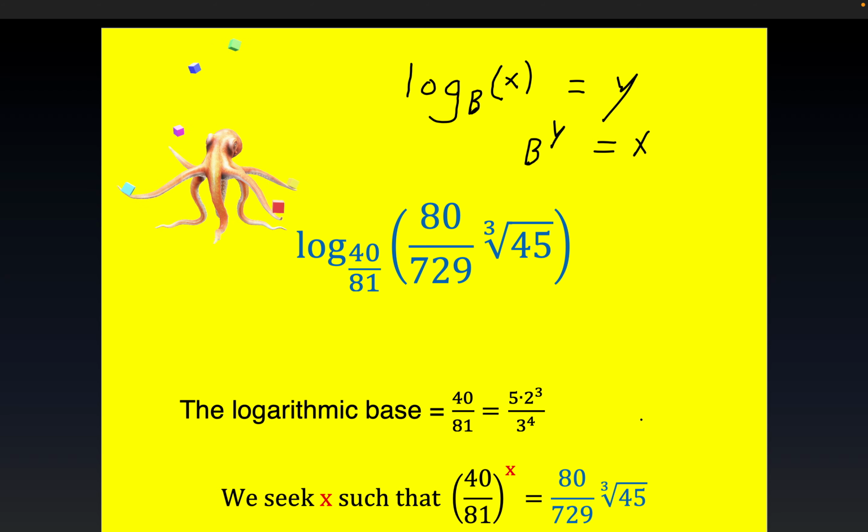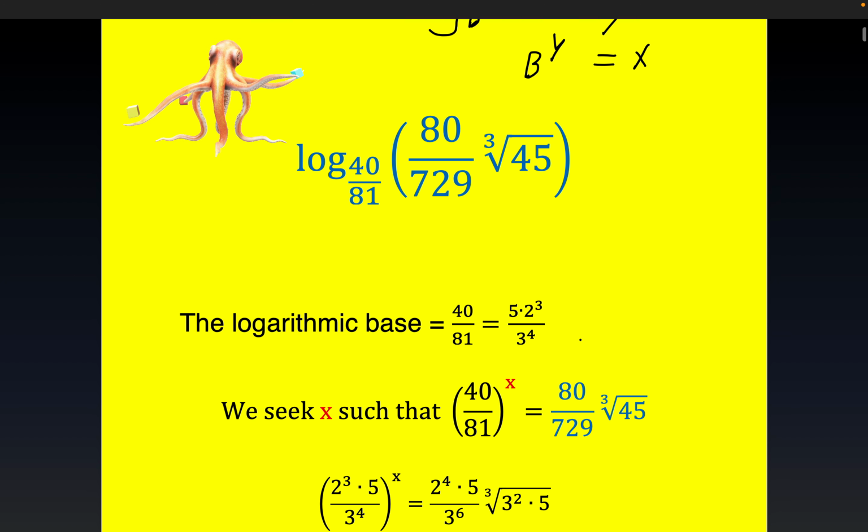Again, it's very easy to dive into those properties of logarithms. It says the log of a product is the sum of the logs, or the log of a quotient is the difference of the logs. That would be the wrong way. It would get you there, but it'd be very tedious. It's very probable you make some sort of mistake along the way.